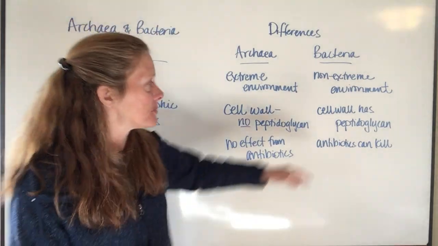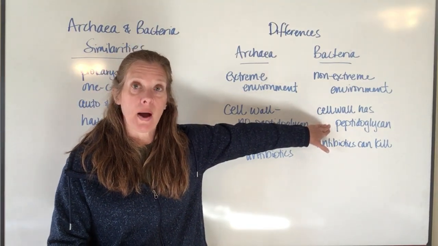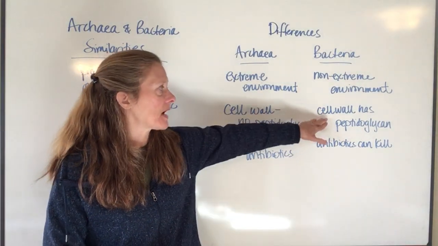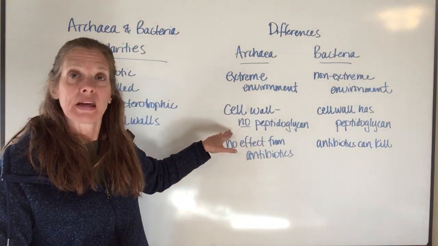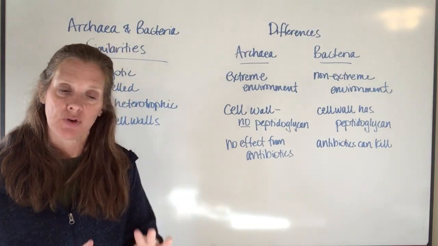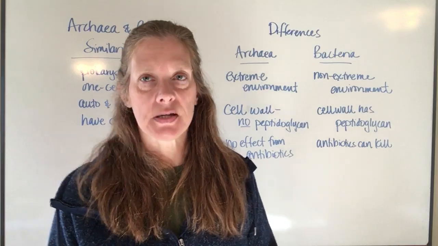We're going to talk about this peptidoglycan in bacteria, talk about what it does, talk about why it's important. But for right now, all you need to know is that bacteria cell walls have it. Archaea cell walls do not have peptidoglycan. So that's the difference you need to know just for today. Don't worry about the details. We'll get to them in a couple more days.